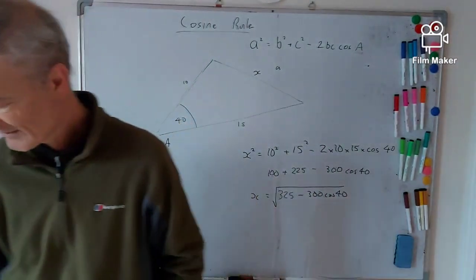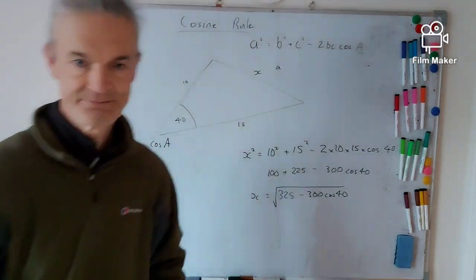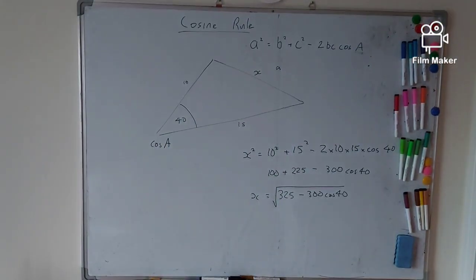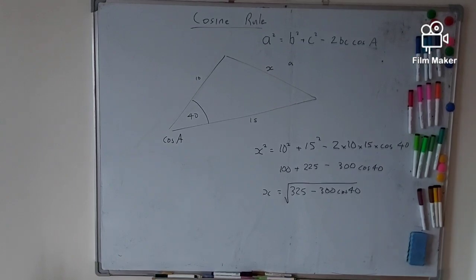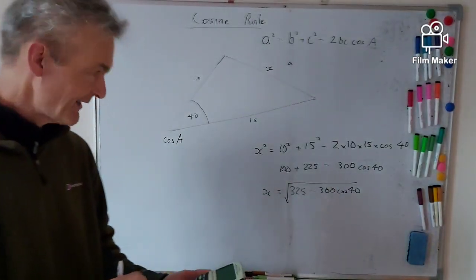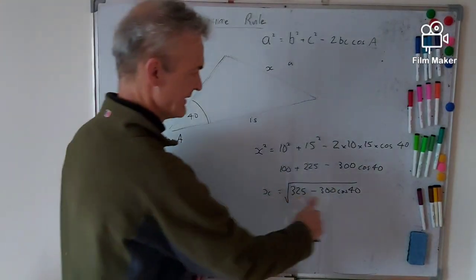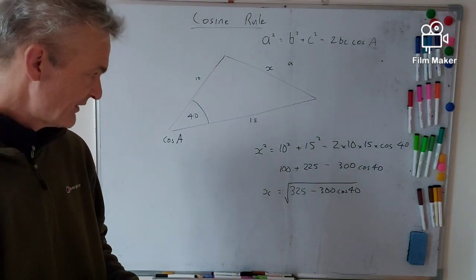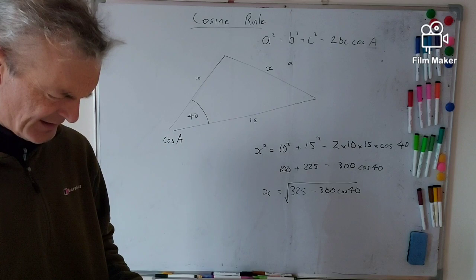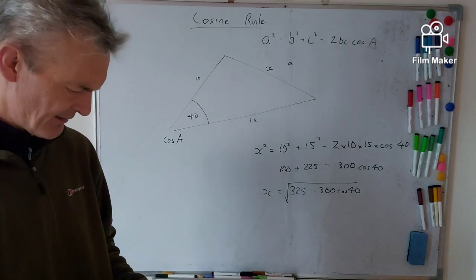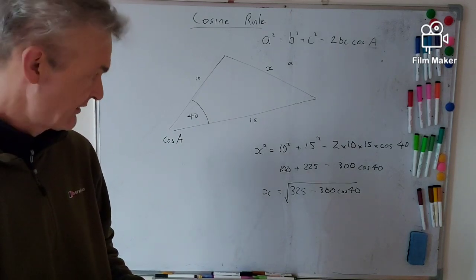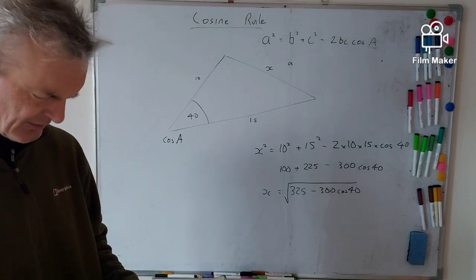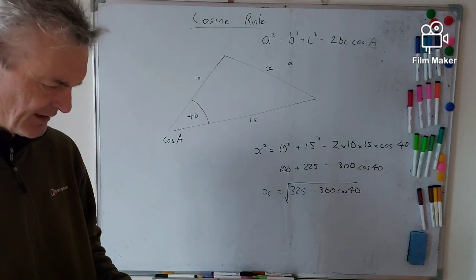So I grab the calculator. Here's the calculator. We're just going to plug in our numbers: 325 minus 300 cos 40.